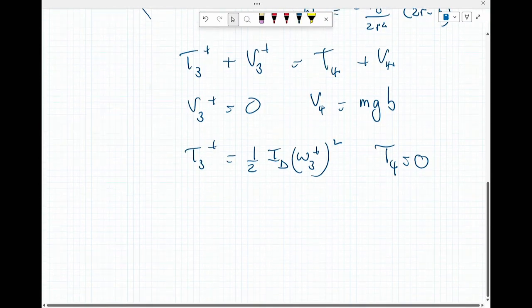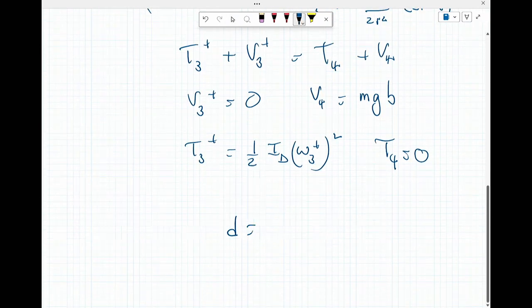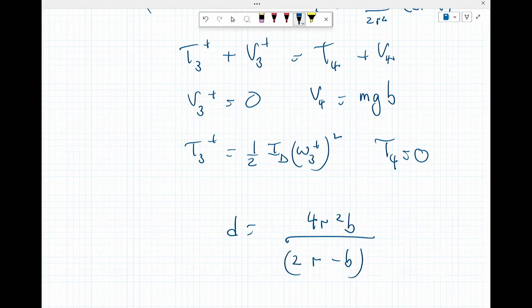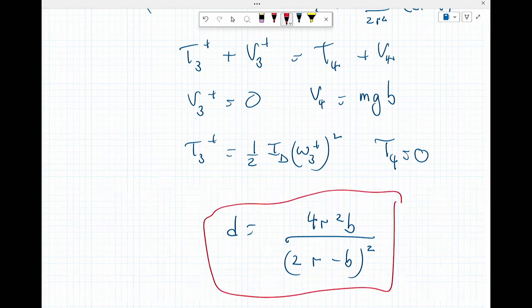That's the minimum for it to just go over. And so in terms of variables, substituting in all the terms, you get this.